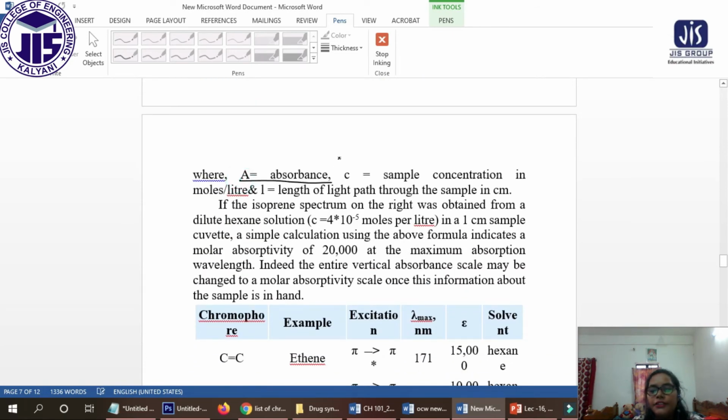Again, A is the absorbance, C is the sample concentration in moles per liter, and L is the length of the light pathway through the sample in centimeters.